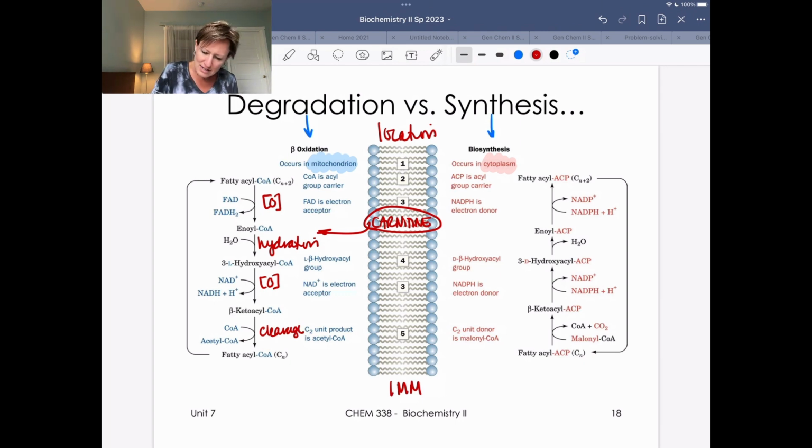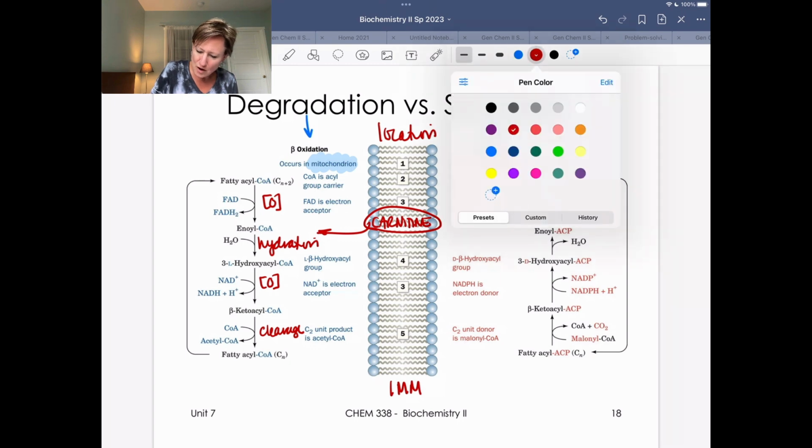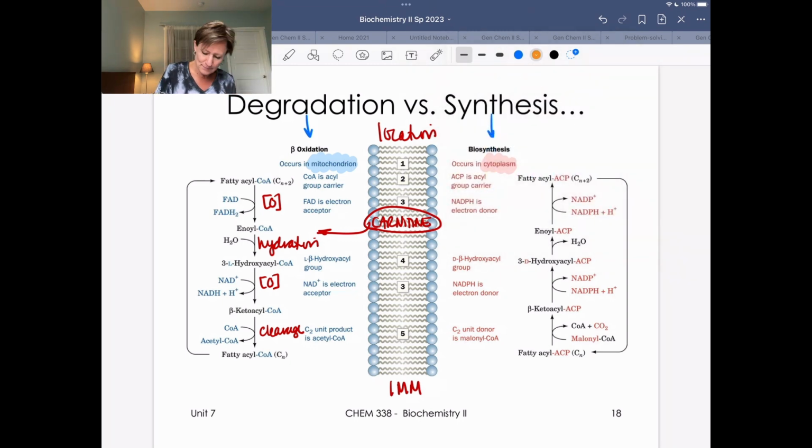The first oxidation step goes from an alkane to an alkene, so we're going to see the production of FADH2. Then we have hydration, pretty standard hydration. Hydration of an alkene with water gives an alcohol. And then when we take that alcohol and oxidize it to a ketone, with those redox chemistries, we're generally going to see vitamin B3 involved, versus vitamin B2 when we have FADH2.